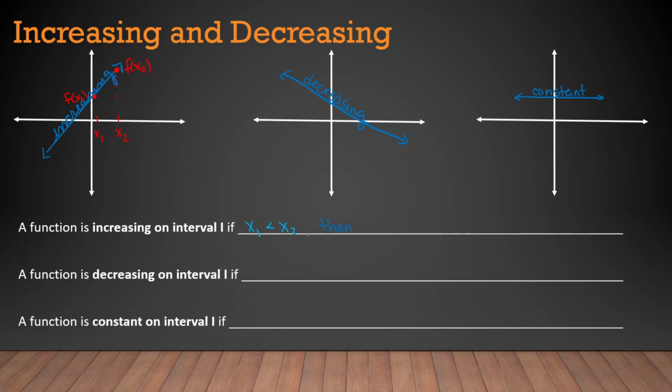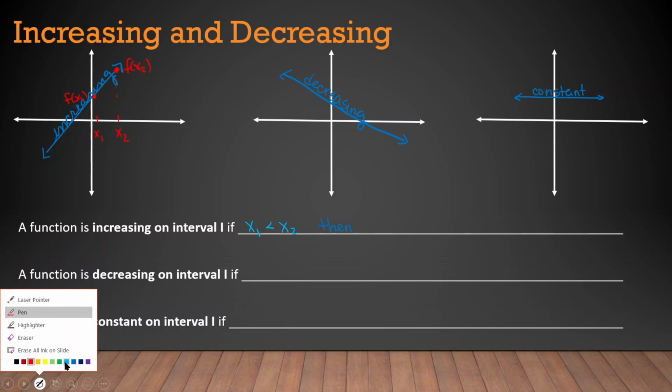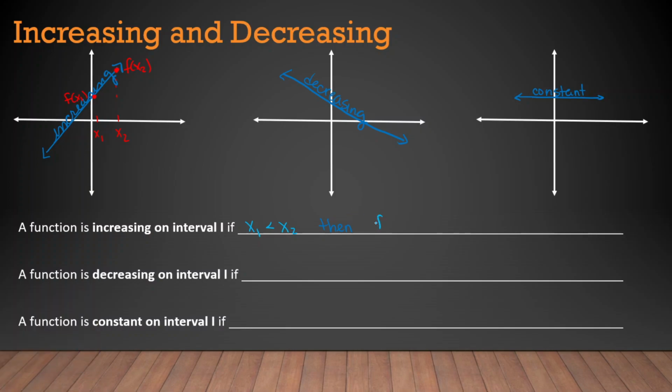So this means that our function value will be related in what way? Well, if it is an increasing function, notice the x2, the bigger x, gets the bigger y. But if I'm decreasing, then that relationship is going to go backwards. So if x1 is smaller, then its y value is bigger.